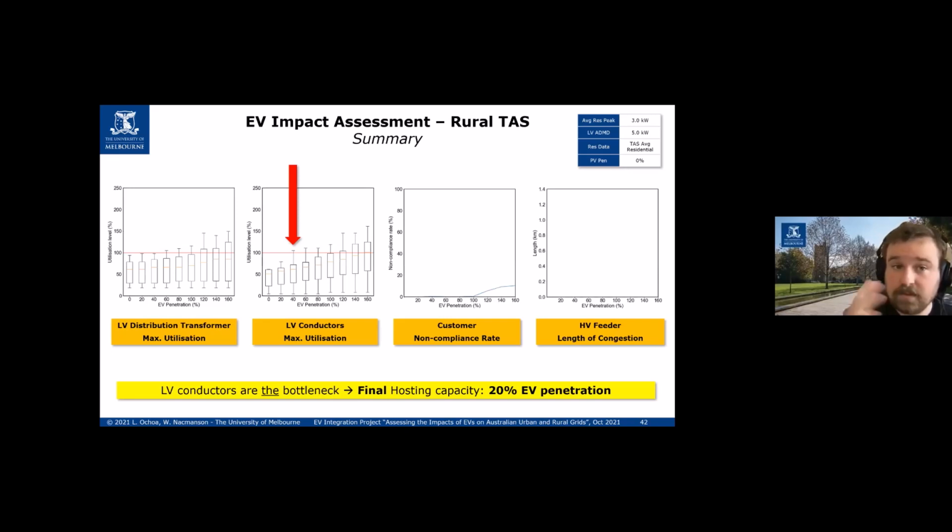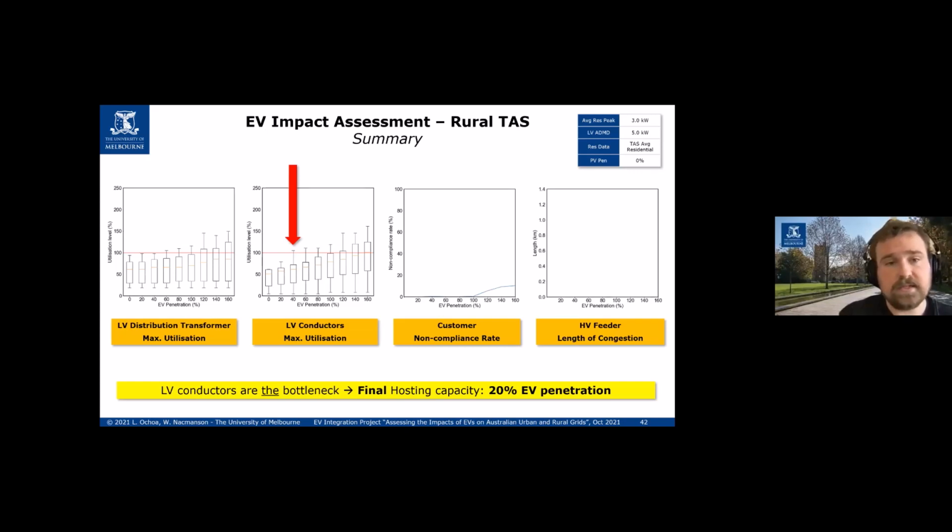So here, in the interest of time, we're just going to be presenting the summaries for the remaining feeders. For the rural Tasmania feeder, we can see that here as well, the LV conductors are the bottleneck, with problems occurring at 40%. So the hosting capacity is just 20% for the rural Tasmanian feeder. And we can see approximately 1 in 10 customers start to have voltage problems when we consider the maximum EV penetration.